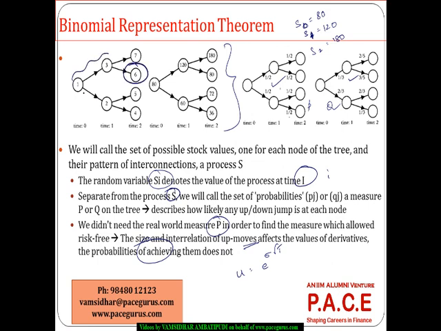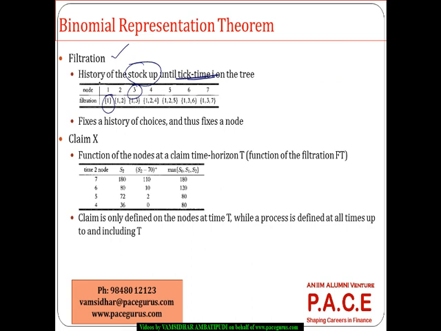If I am talking about node 6, the process up to 1, 3, 6. These are the three nodes that come under filtration for node 6. That's the definition we have to be comfortable with. It fixes a history of choices and thus fixes a node. So for each node, I get a history.